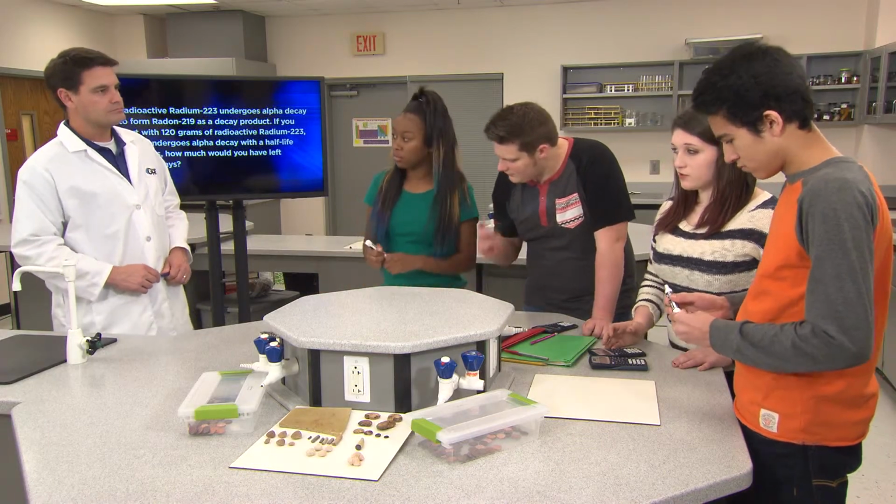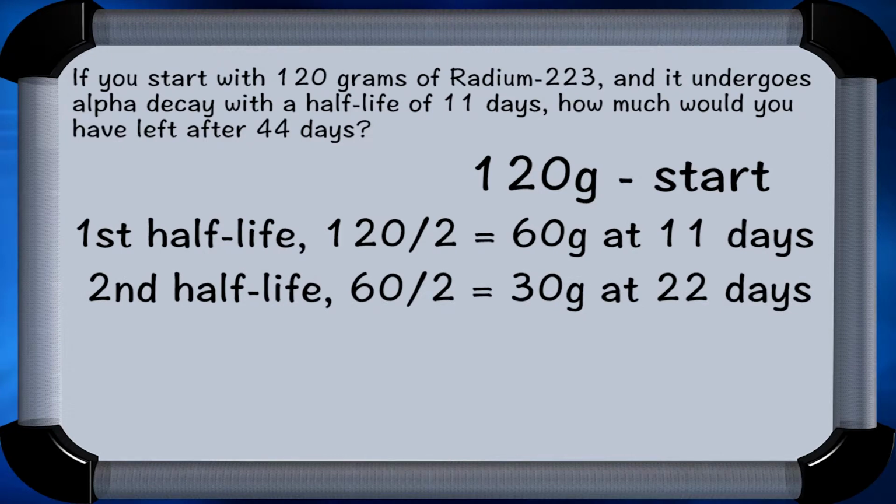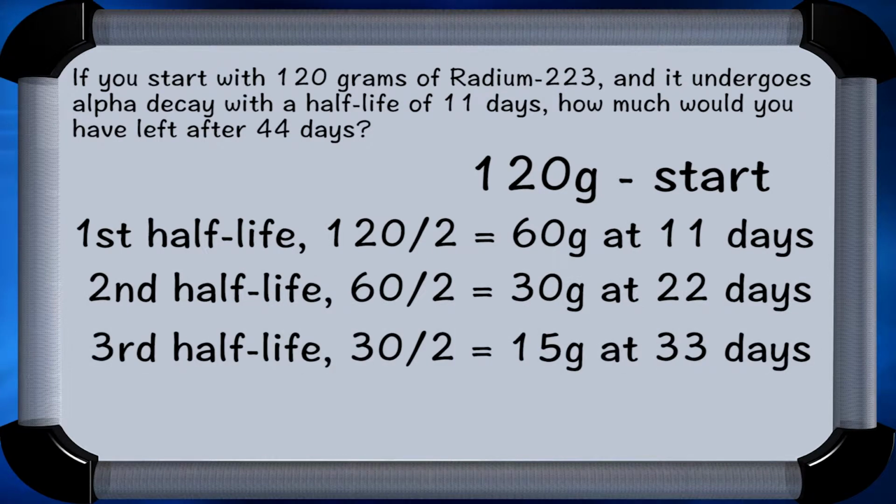All right, so we're starting with 120 grams. In one half-life of 11 days, we'll have half of 120 grams, which is 60 grams. In one more half-life, we'll have half of 60 grams, which is 30 grams. One more half-life, and we'll have 15 grams of radium-223 remaining. So how many days has that been?